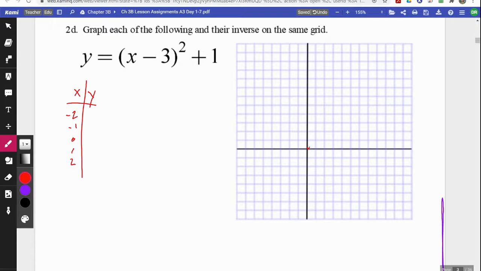So let's think about where the vertex of this graph would be. Parent function's at (0, 0), but we are translated right 3 and up 1. So it looks similar to the parent function, but it is shifted right 3 and up 1.